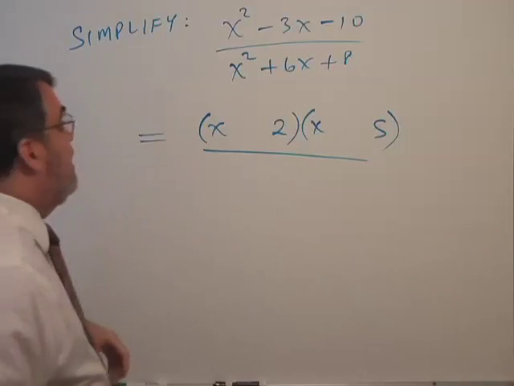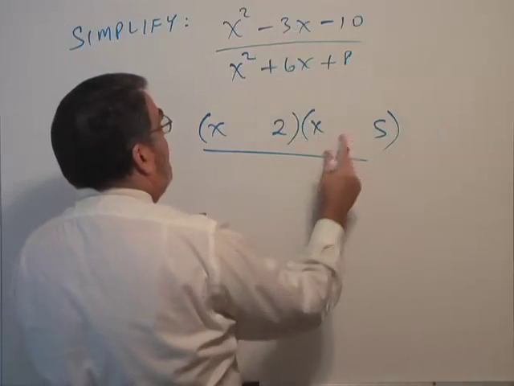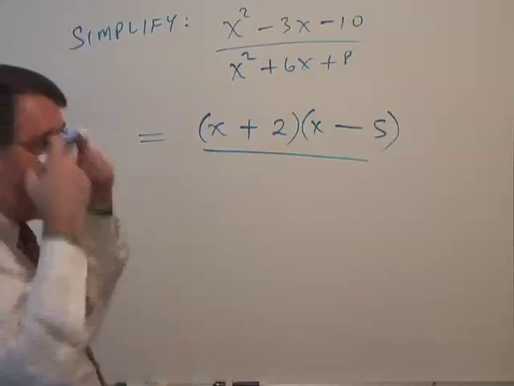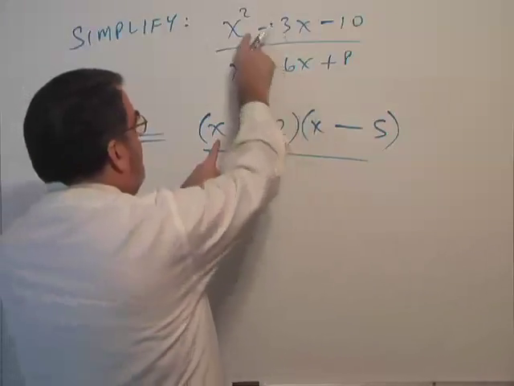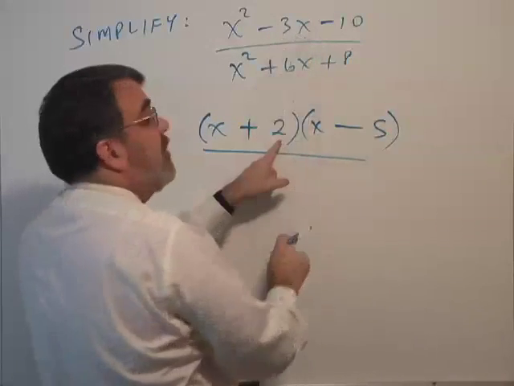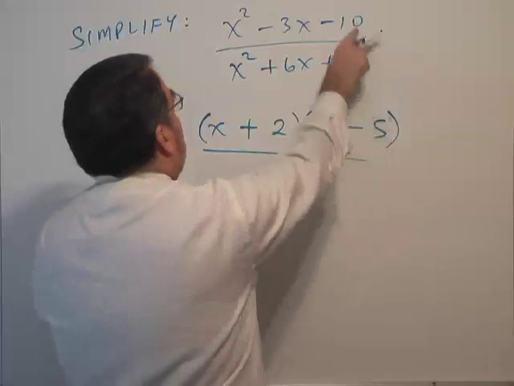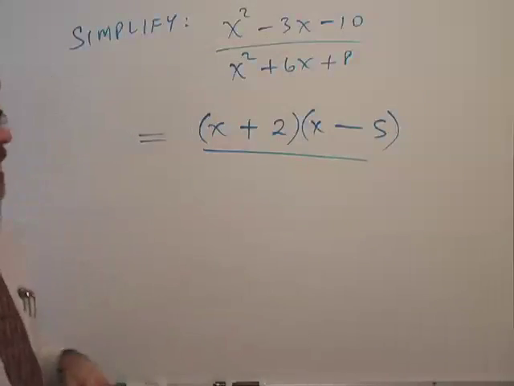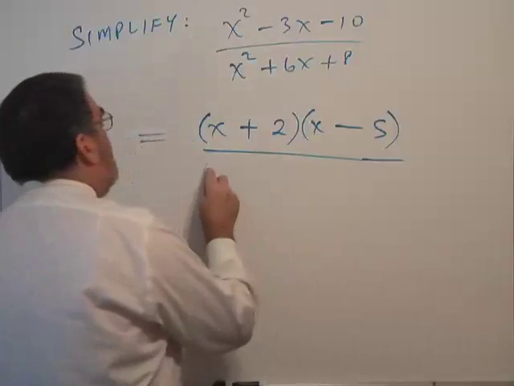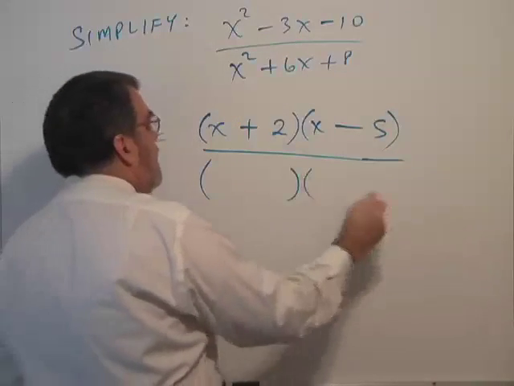In fact, to get negative 3, we're going to need negative 5 and plus 2, aren't we? So let's check that factoring. We have x squared minus 5x plus 2x is minus 3x, and then here's our negative 10. It's correctly factored.